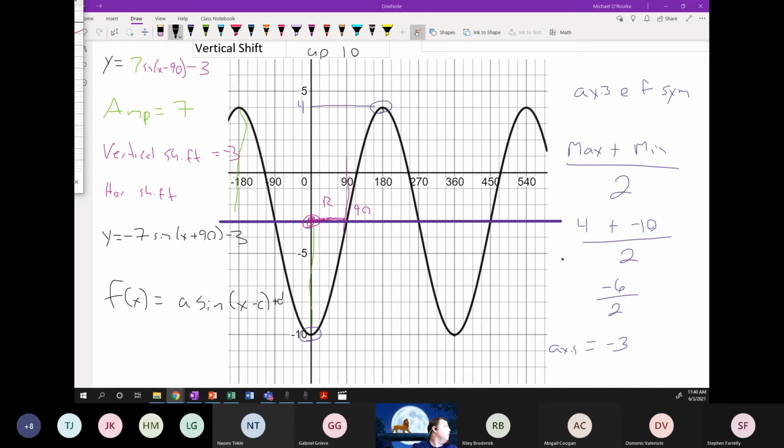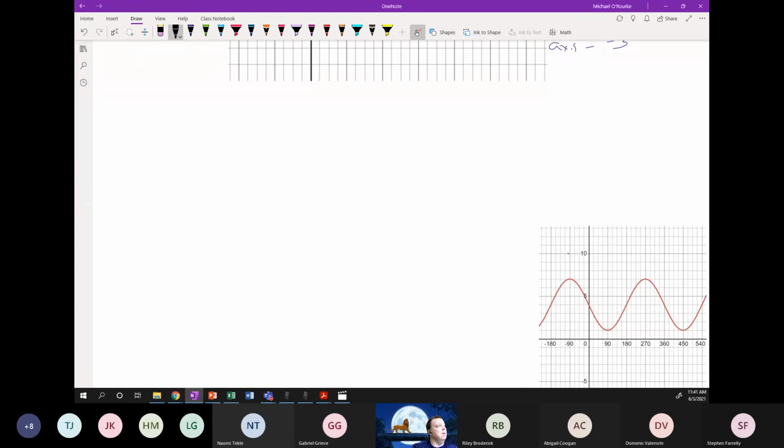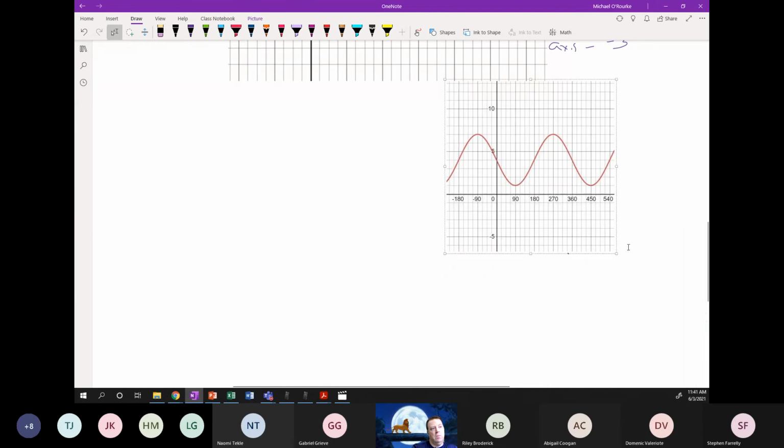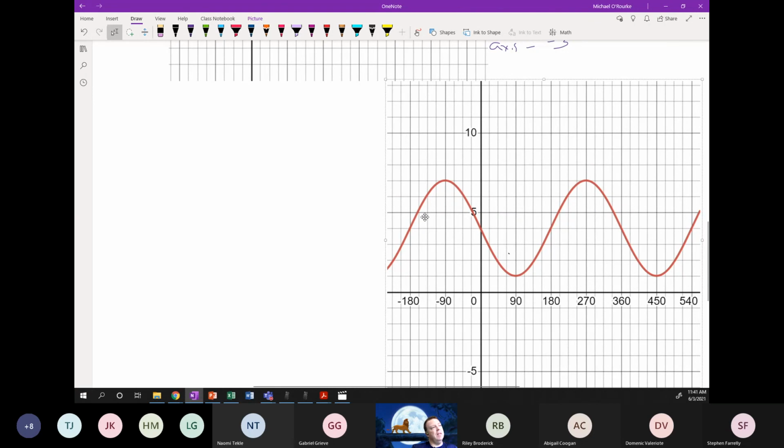Let's go with okay. So first thing, let's do, what's the axis of symmetry?